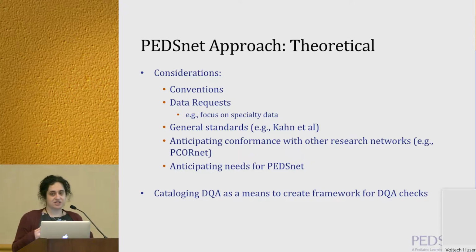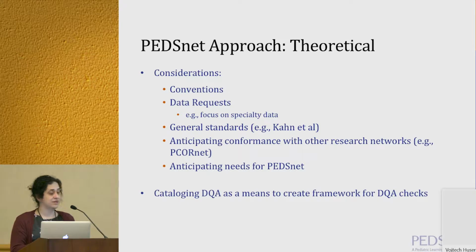So the things that we started to consider when we began thinking more deeply about our approach: Michael had mentioned we have this huge conventions document that we keep and use to interact with sites so that everything is specified. We have what each field is supposed to mean and provide guidelines so that standardization can be easier.